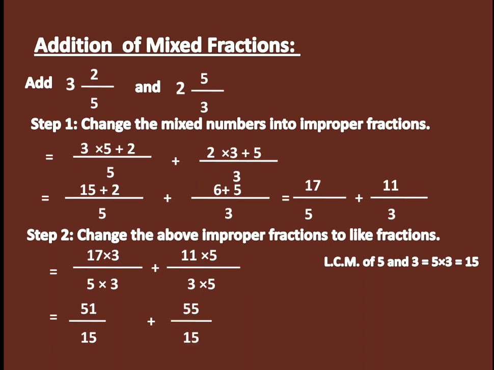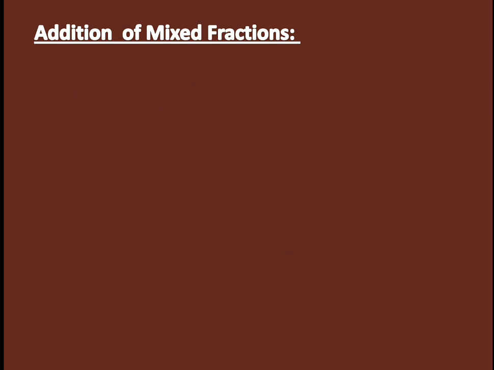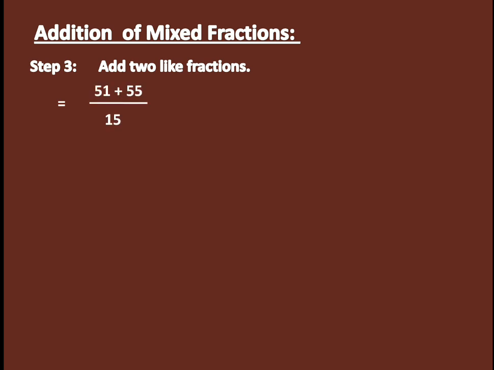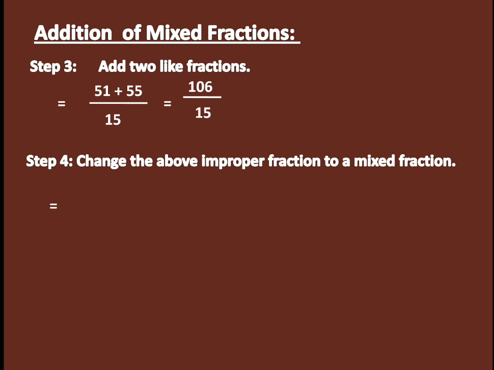Now, come to third step. Step 3. Now add 2 like fraction. So equal to 51 plus 55 by 15 is equal to 106 by 15. Now step 4. Change the above improper fraction to a mixed fraction.